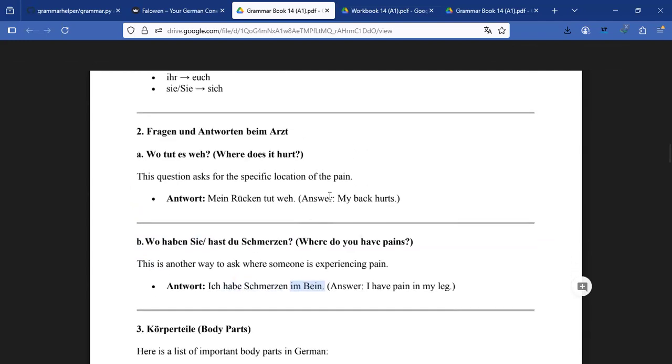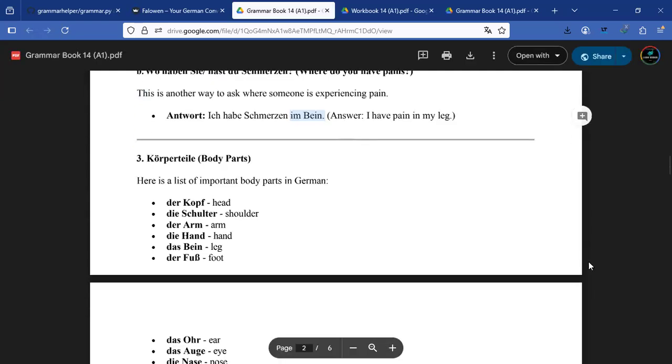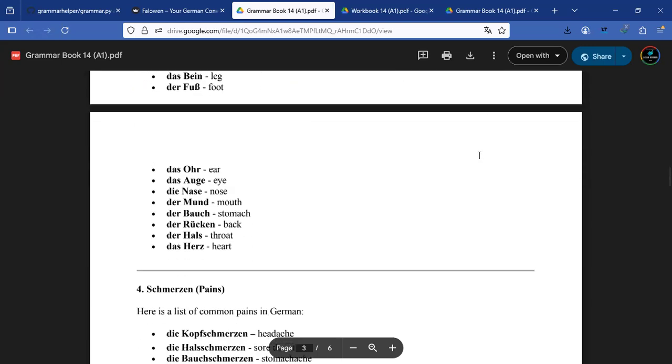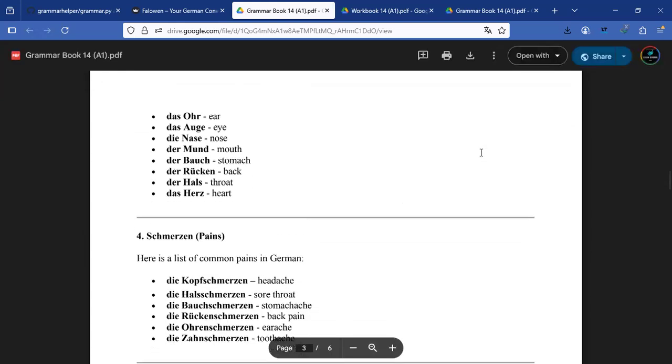So just know how to ask somebody where do you have pains and how to respond to it. So these are the basic things that you are supposed to know about health. In case you have any question with what we have done so far, please ask.